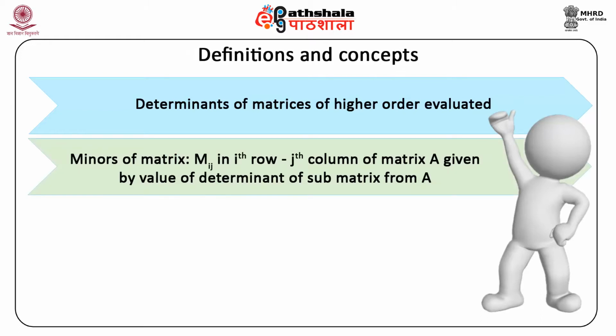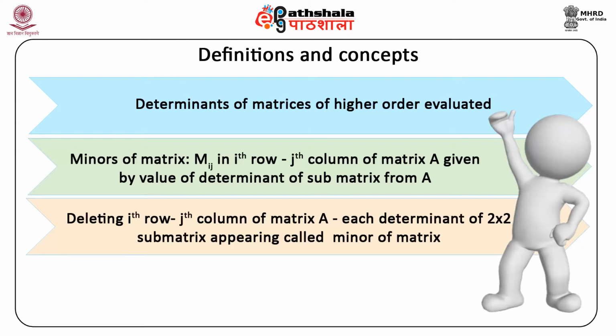Minors of a matrix. The minor Mij in the ith row and jth column of matrix A is given by the value of the determinant of the submatrix obtained from A by deleting the ith row and jth column of matrix A. For example, each determinant of a 2 by 2 submatrix appearing in the above definition is called a minor of the matrix.